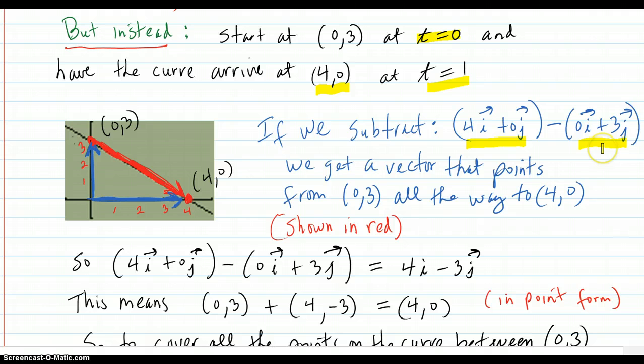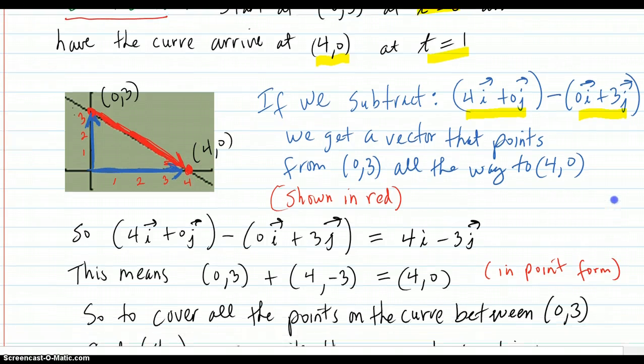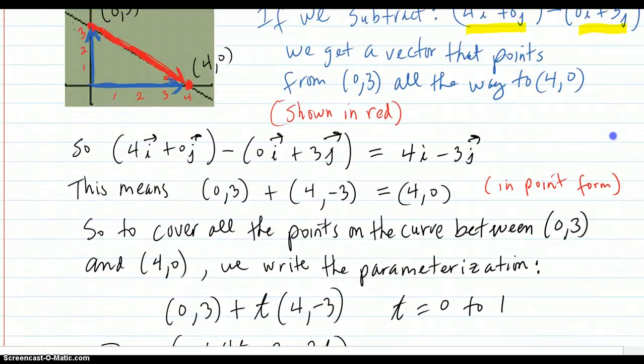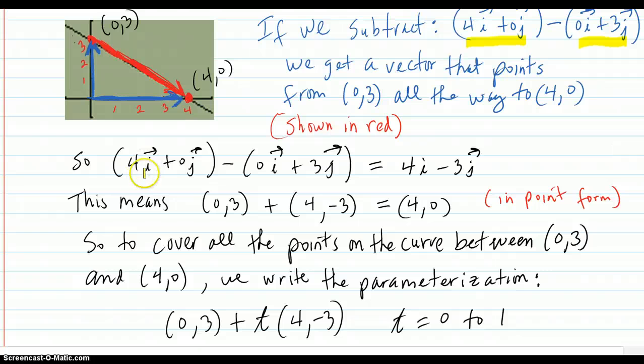Okay, so what you'll do is you'll get this vector difference that goes all the way from 0, 3 to 4, 0, shown in red. Okay, so that means on this picture that the subtraction did then equal 4 minus 0 gives you your 4, and 0 minus the 3 gives you negative 3. So that is the red vector.